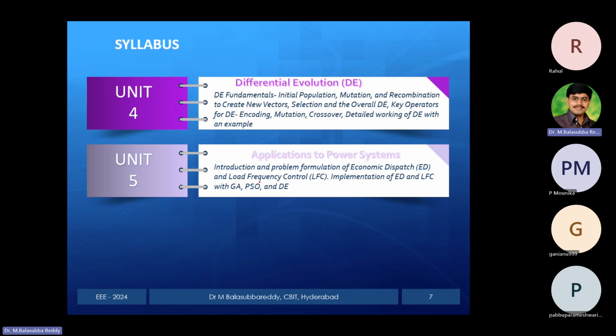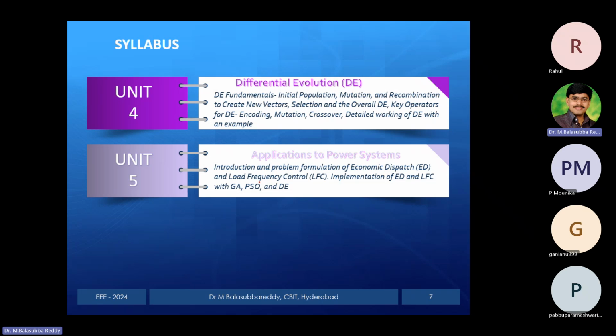Now the question may be asked like this: apply genetic algorithm, or you can say solve the economic load dispatch problem using genetic algorithm and using PSO and using DE, like that. So what we can do is economic load dispatch with DE, or economic load dispatch with PSO, or genetic algorithm, like that.